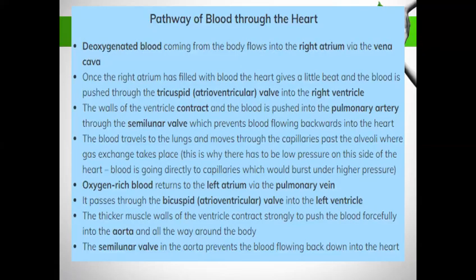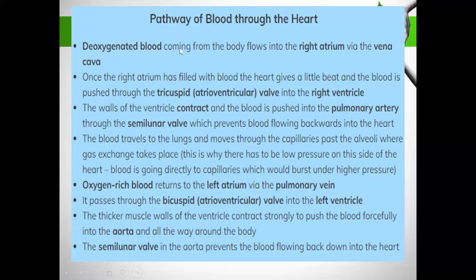Now the pathway of blood through the heart. Deoxygenated blood coming from the body flows into the right atrium via the vena cava. You have to know the flow diagram of the circulation of blood. As we discussed in the beginning, deoxygenated blood containing a high amount of CO2 is collected from the vena cava and transported to the right atrium.